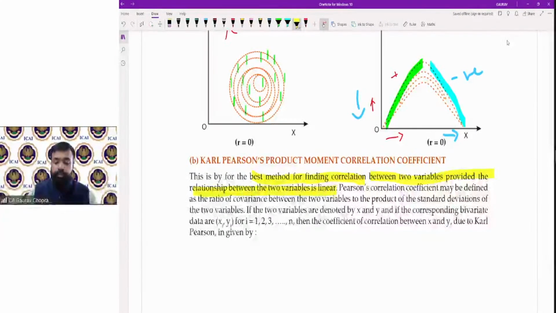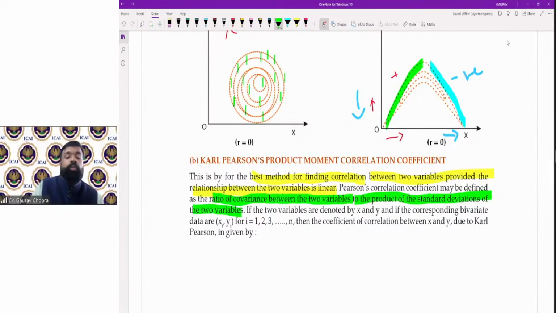Okay, all right guys. So now, what is the definition of this? So Pearson's correlation coefficient is defined as the ratio, means one value will lie in numerator, other will be in denominator.